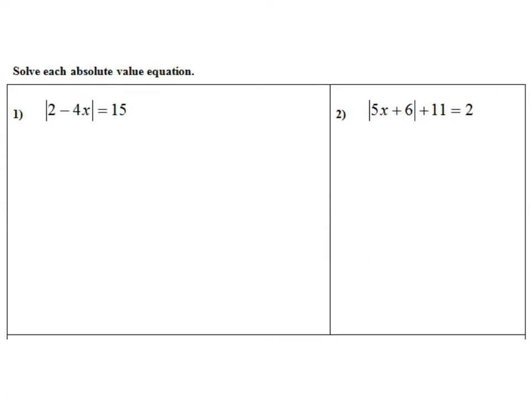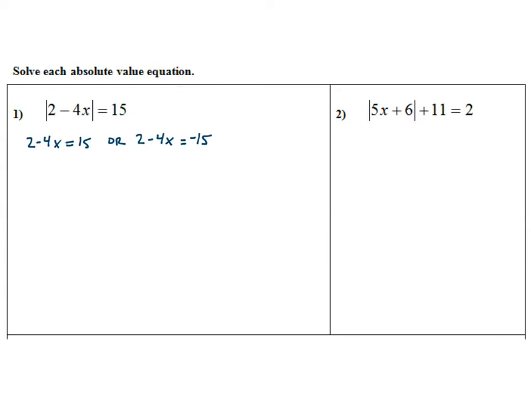Of course, what's inside there is 2 minus 4x. And so that leaves us with our equation, 2 minus 4x could be equal to 15, or 2 minus 4x could be equal to negative 15. All right, so those are our two possibilities.